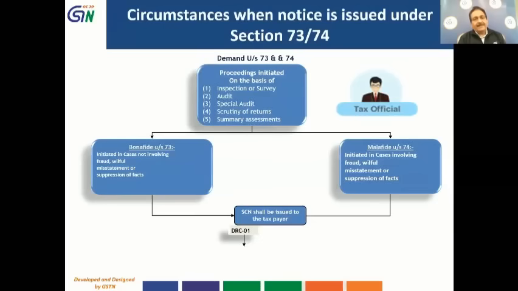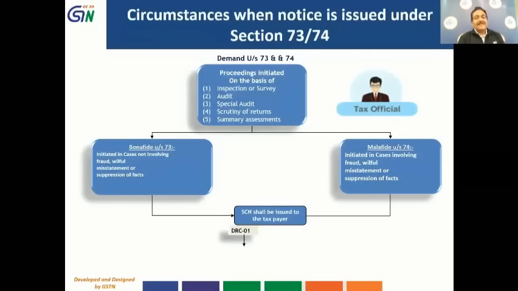Demand proceedings under section 73 or section 74 can be initiated if the department comes to know of any instance of short payment, non-payment, erroneous refund or irregular availment of ITC on the basis of any inspection or survey conducted by the department, or as the outcome of any audit or special audit proceedings, or of scrutiny of returns by your assessing officer.